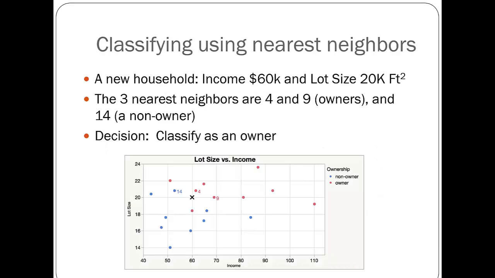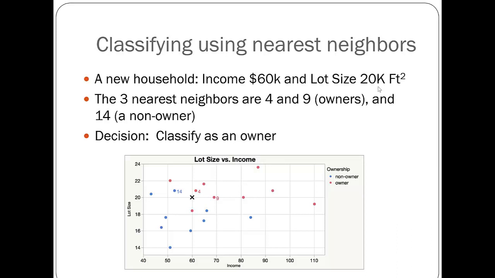So to further illustrate this, if we look at the riding lawnmower data, we have income on our x-axis, lot size on the y-axis, and then we have ownership of a riding lawnmower in red and non-ownership in blue. And we come up with a new data point. We have somebody come on our radar who makes $60,000 a year, has a 20,000 square foot lot, and we want to know how likely they are to be an owner.